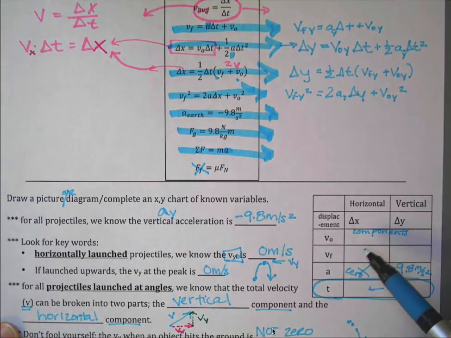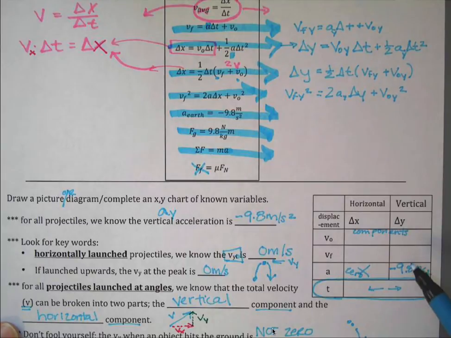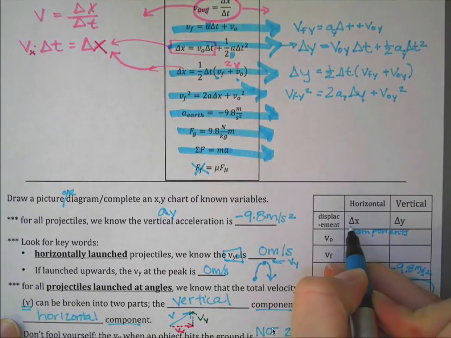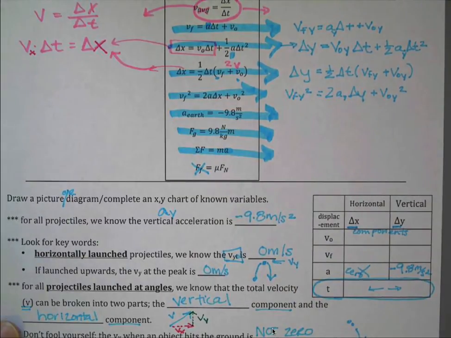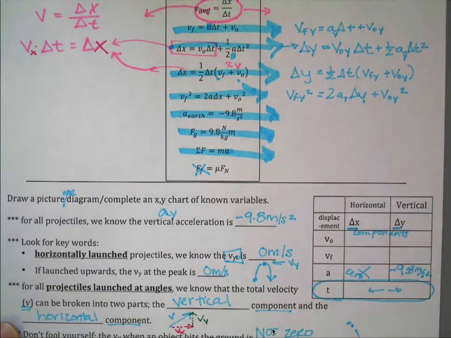Or if it's just horizontal or vertical, you have to pay close attention as to how that projectile is fired. And then displacement, again, you're not necessarily going to have the same thing for your displacement horizontally as vertically.